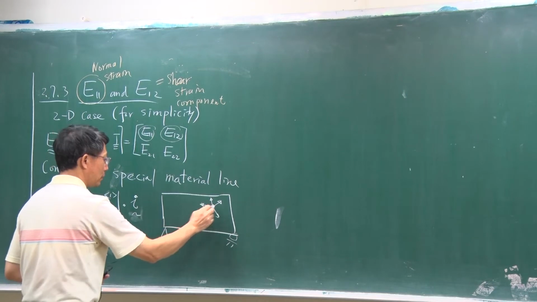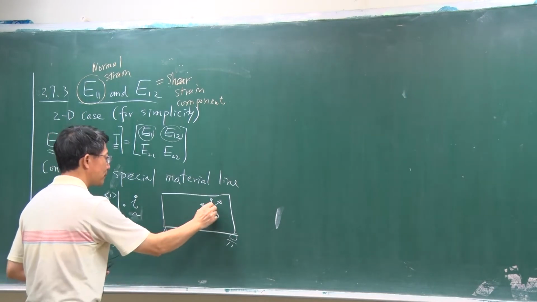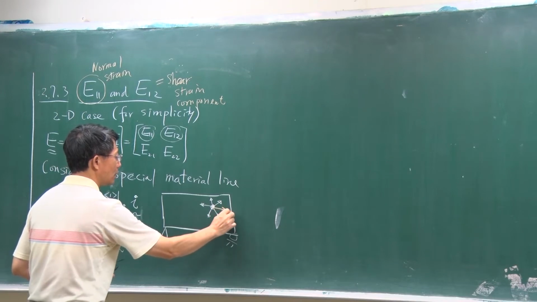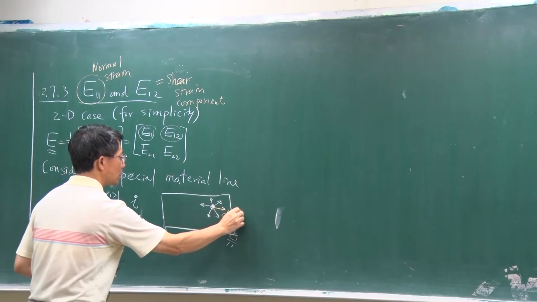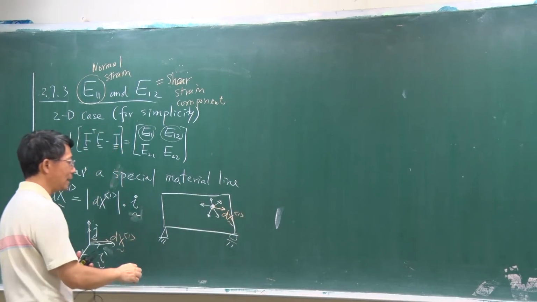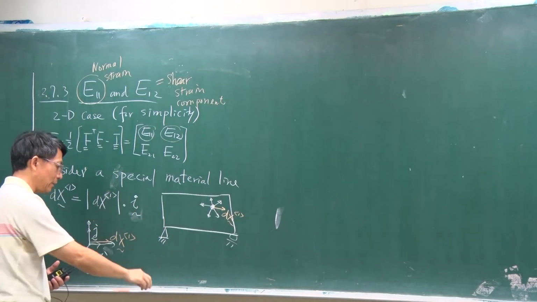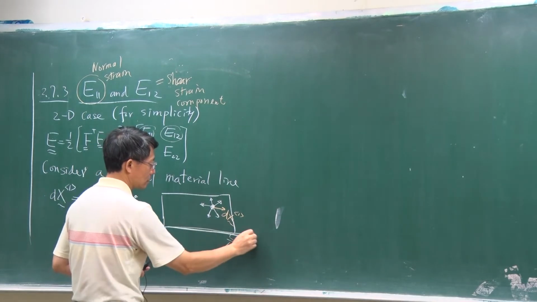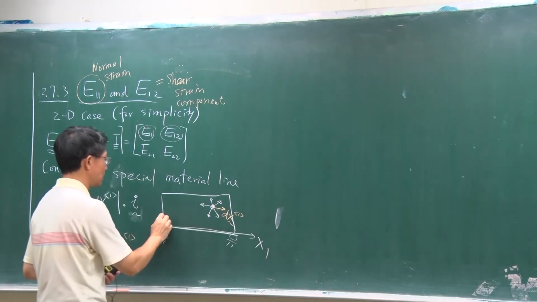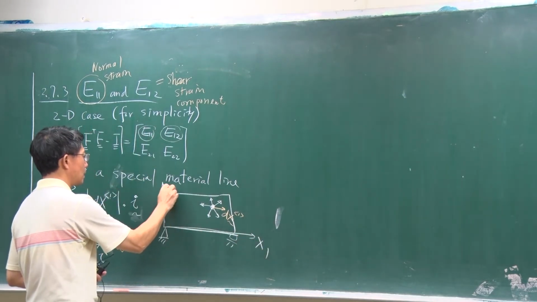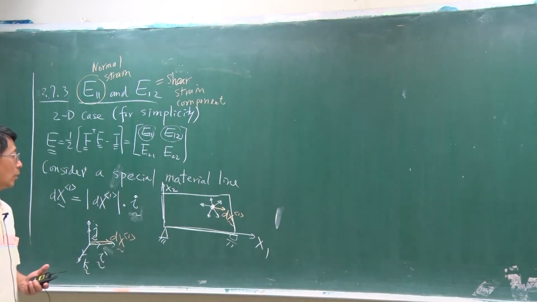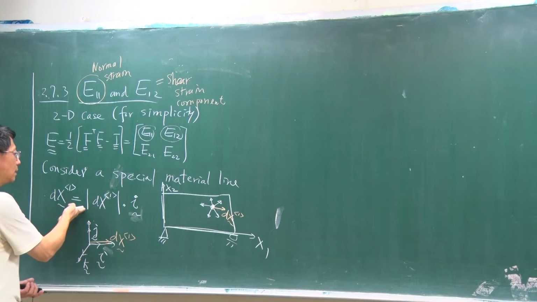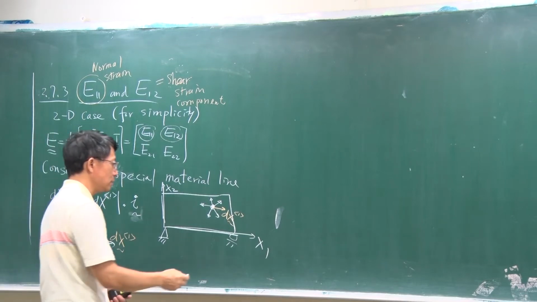We are talking about this material line, this one, in the horizontal direction, if we arrange our coordinate in this way. So this one is the material line in the horizontal direction.